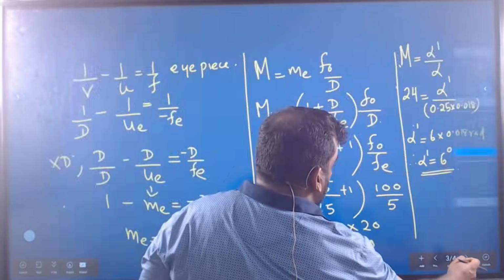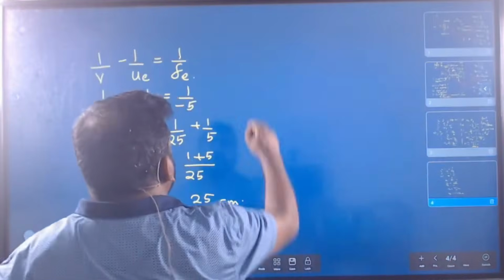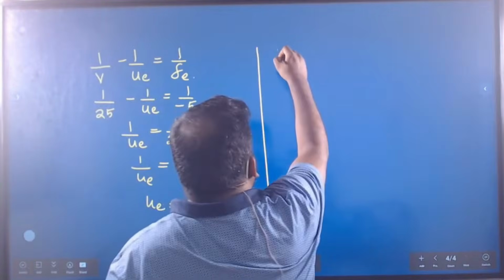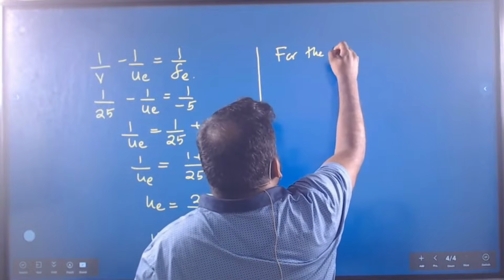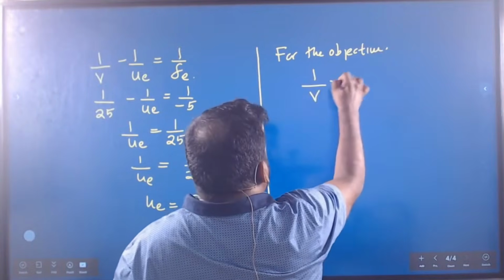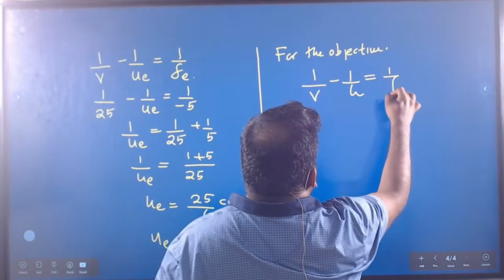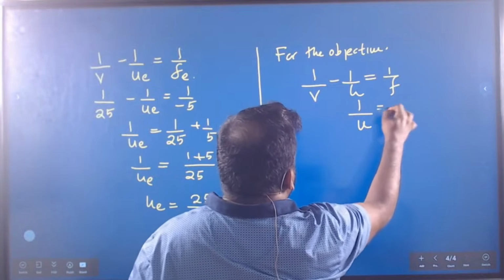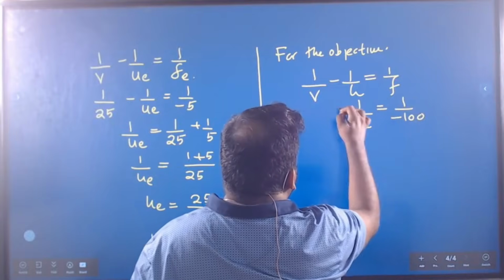Now let's go back. Here, for the objective, 1/v minus 1/u equals 1/f. Object distance we don't know, focal length is 100.